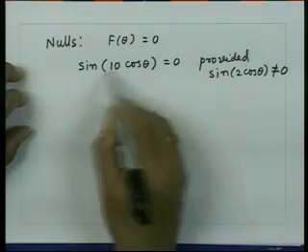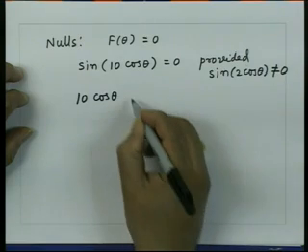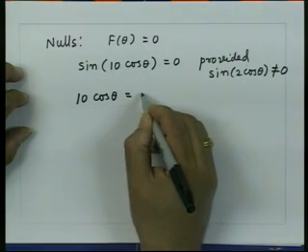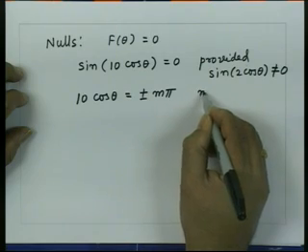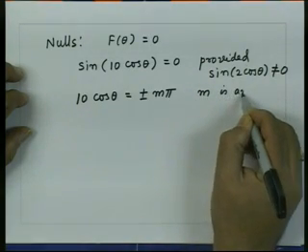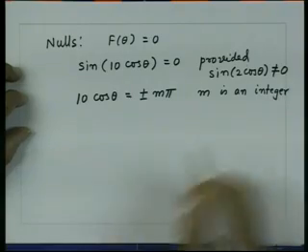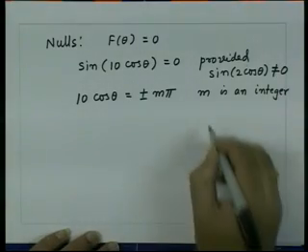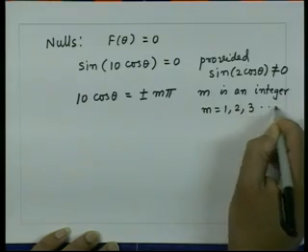So, from here essentially we get 10 cos theta equal to plus minus m pi, where m is an integer. So, m is equal to 1, 2, 3 and so on.